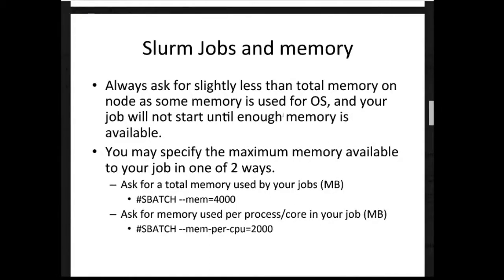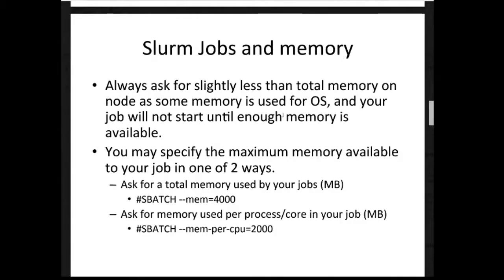So you may specify the maximum memory available to your job in one of 2 ways. You can ask for the total memory used by your job, so that's sbatch --mem=, in this case, and the default is in megabytes.